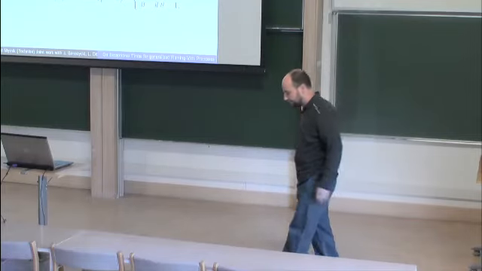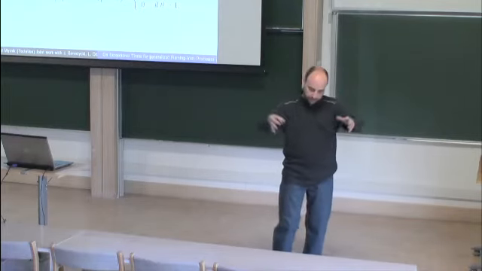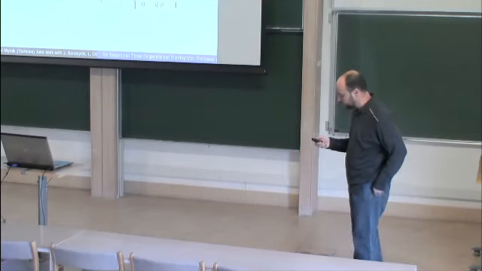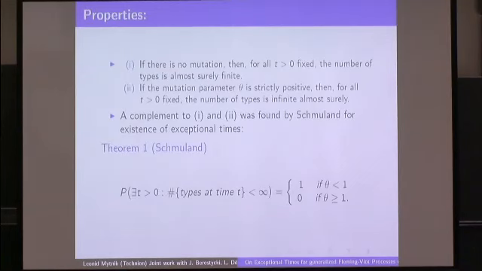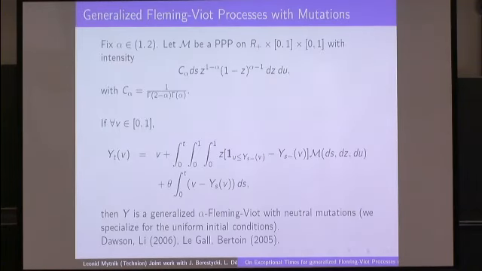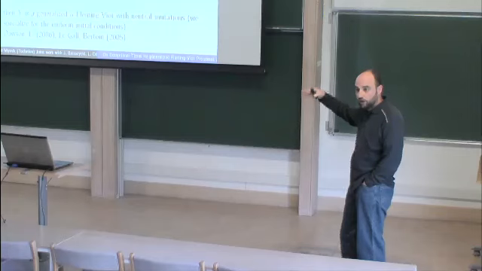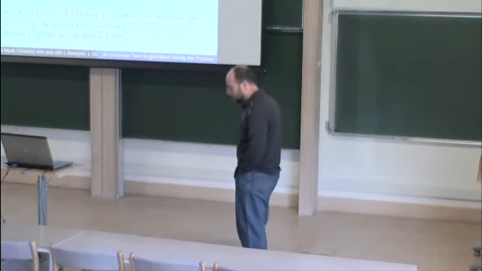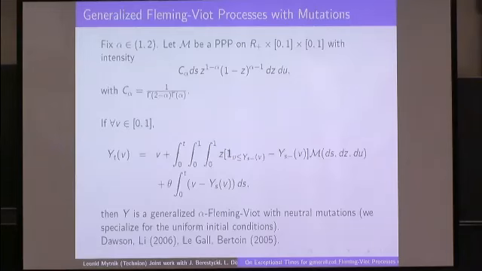So many particles at random times collapse to some randomly chosen type. And we take a particular way of choosing this generalized Fleming-Viot process, and the way is as follows. We define the Poisson point process.